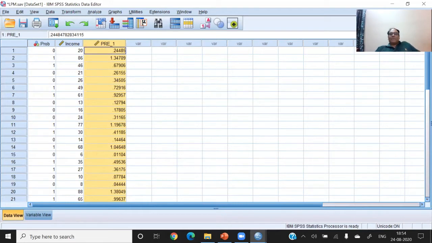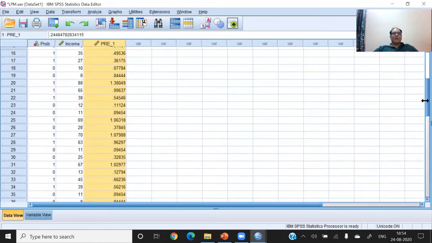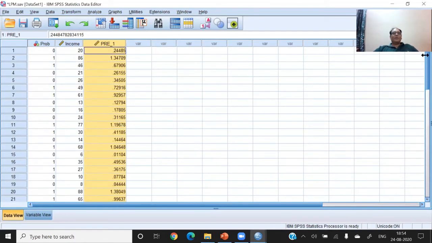Yes. Some of you rightly guessed that the probability is found to be more than 1. The predicted values shaded by yellow are found to be more than 1, and in many cases less than 0 also. So it is not possible, right?